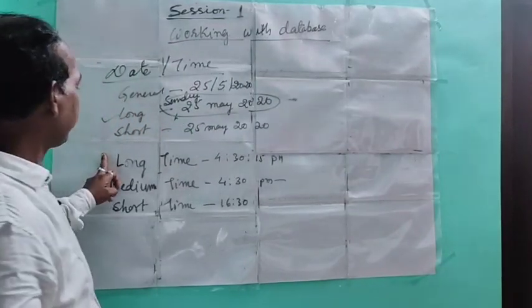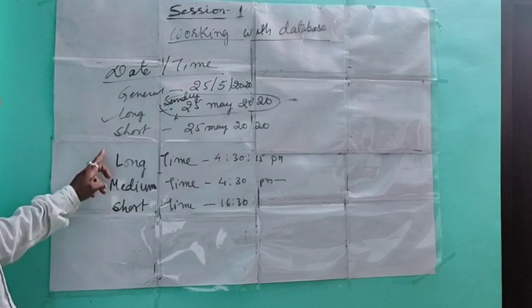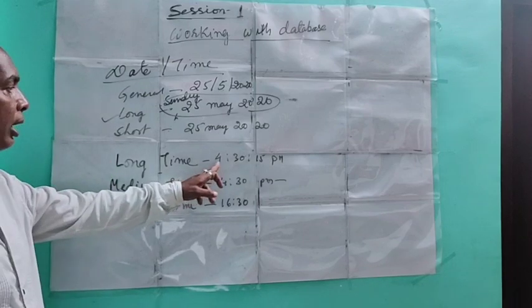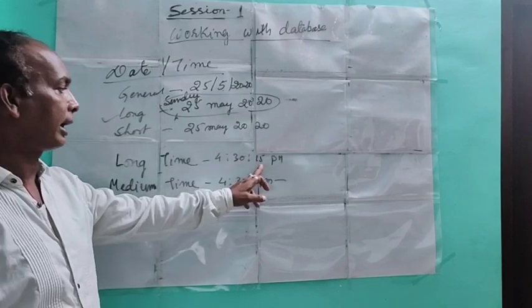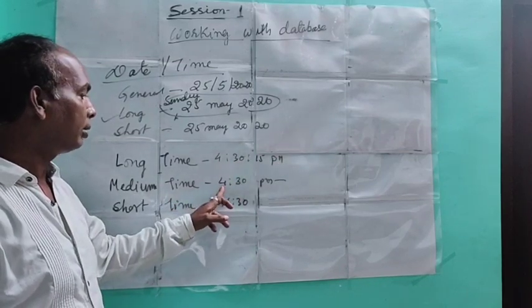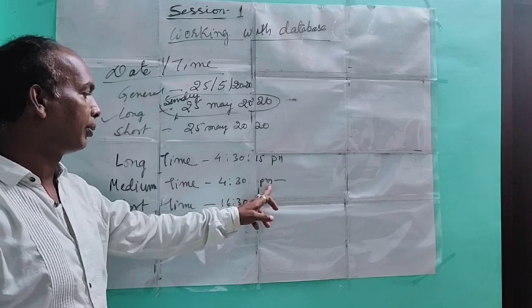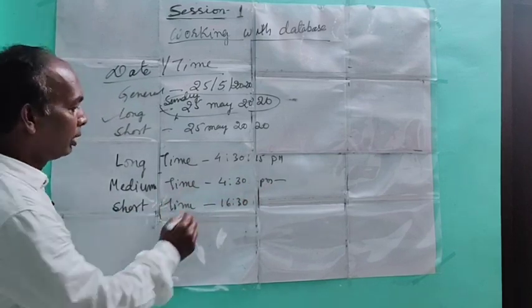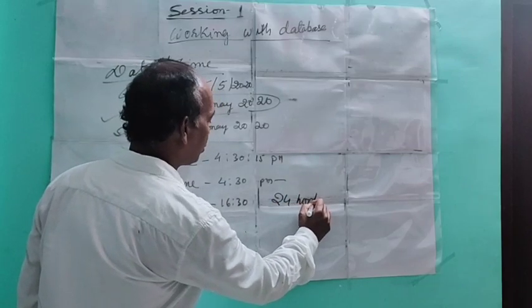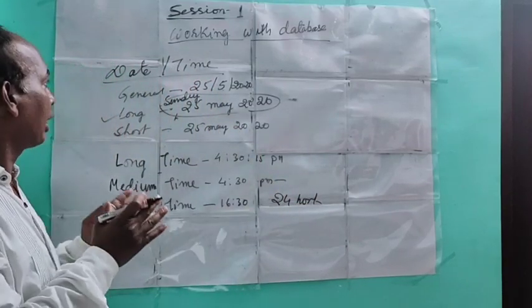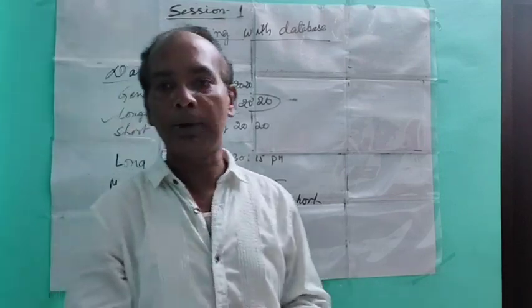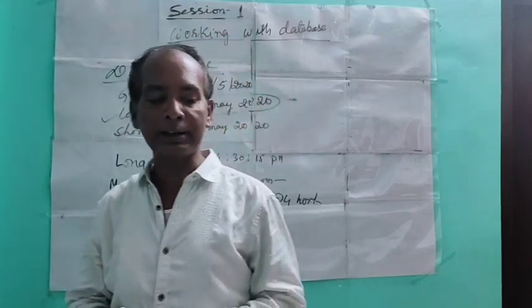The types are long time, medium time, and short time. In long time we will get hour, minute, second, and AM or PM. In medium time, hour, minutes, AM or PM. And in short time we will get the 24-hour clock time. If you learn all these date and time formats, number formats, and text formats, this is important.